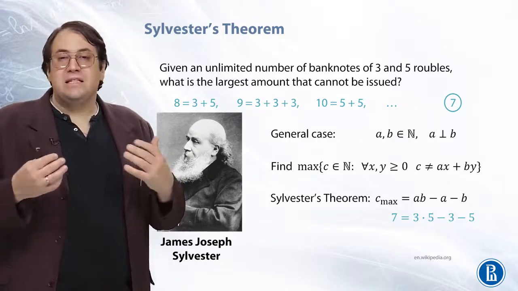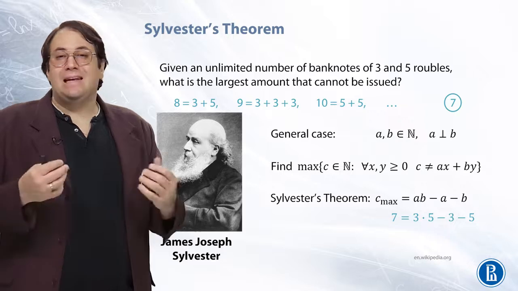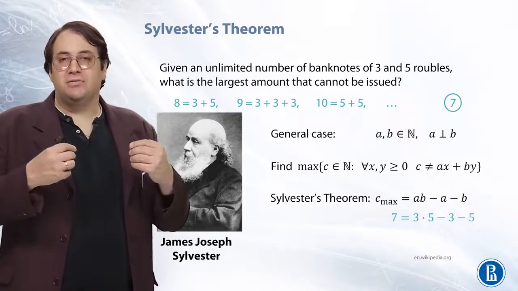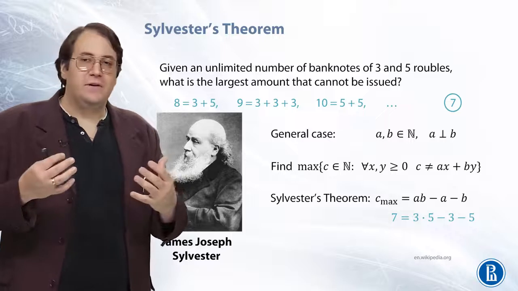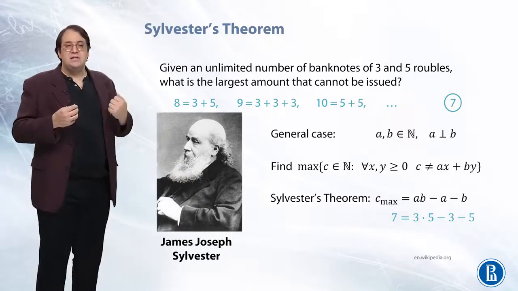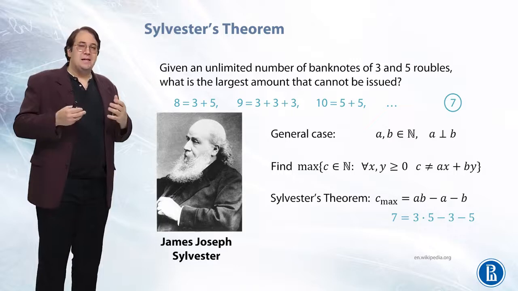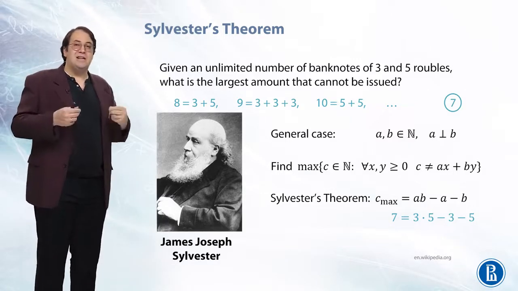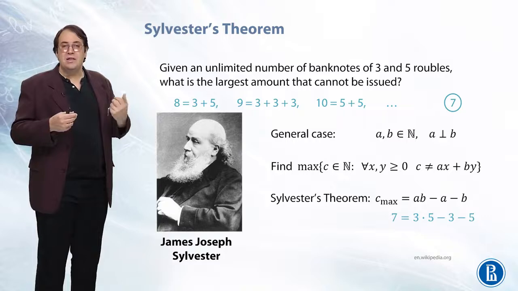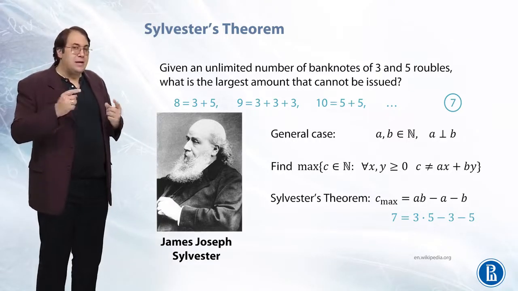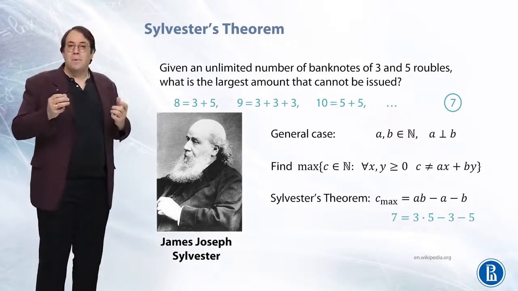In other words, any large enough amount, any c large enough, can be represented in such a way. And Sylvester's theorem claims that the maximal positive integer c, not represented as ax plus by with non-negative x and y, is precisely ab minus a minus b.